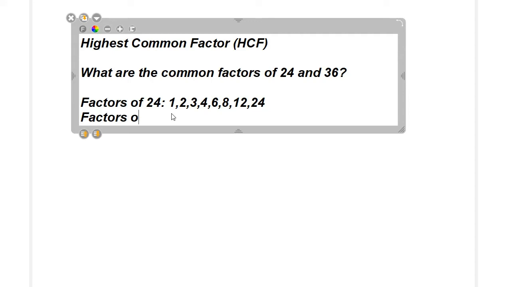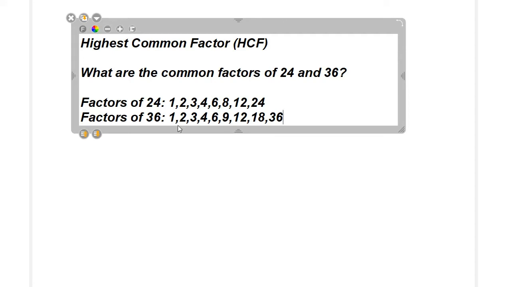And the factors of 36 will be 1, 2, 3, 4, no 5, 6, 8, 9, 12, 18 and 36.